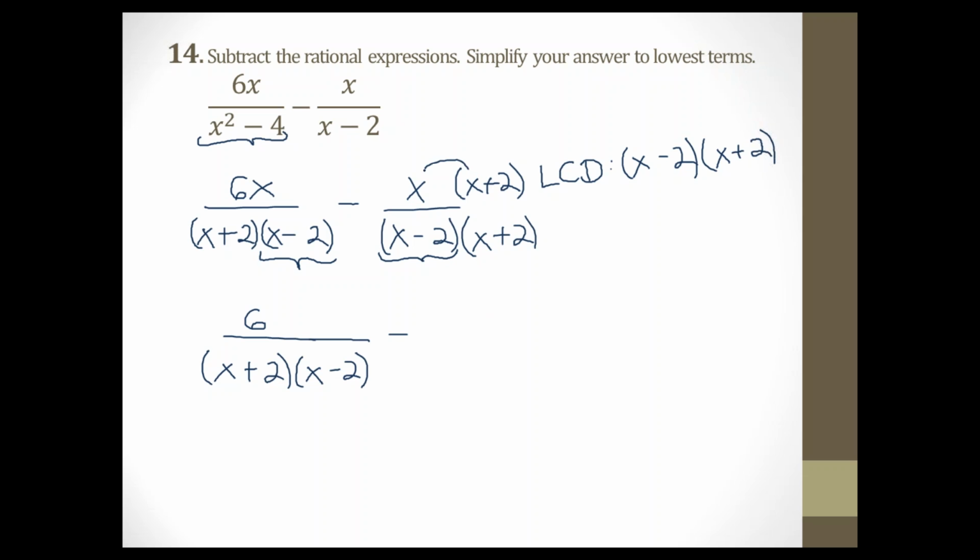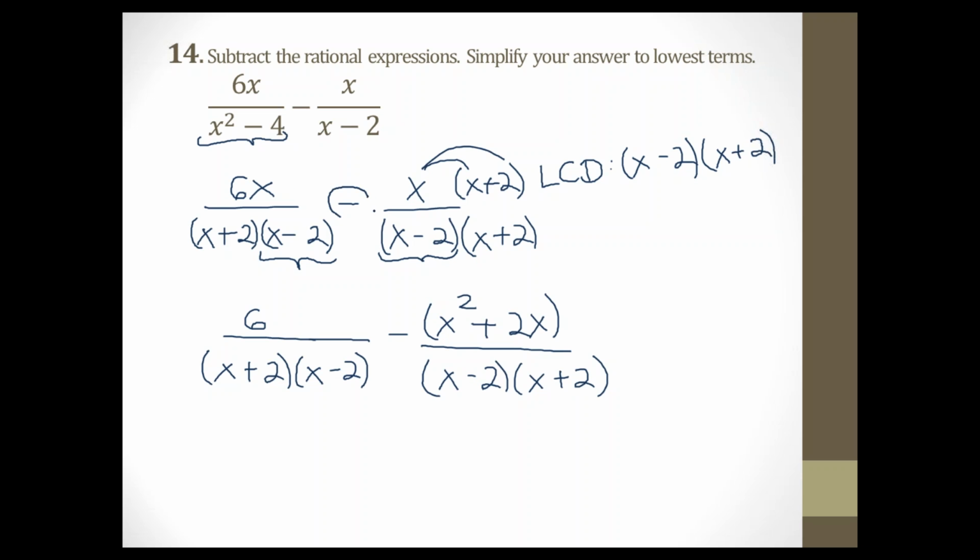So on top, we're using distributive property, and we get x times x is x squared, and x times 2 is just 2x. And our denominator now is the same. I used parentheses on top because this is very important.